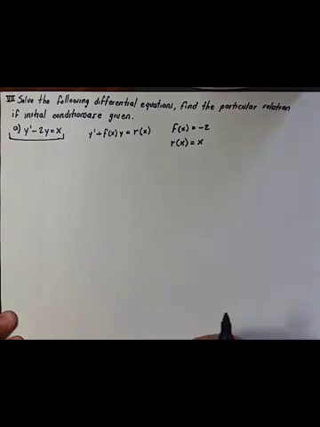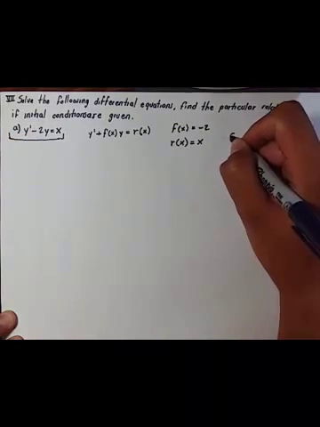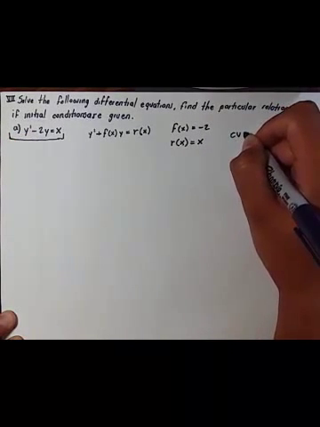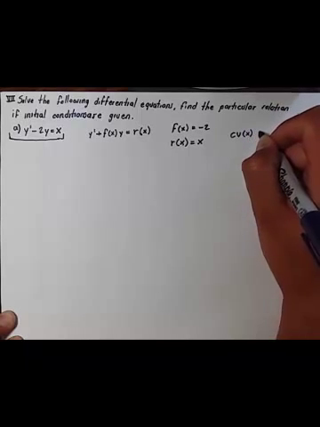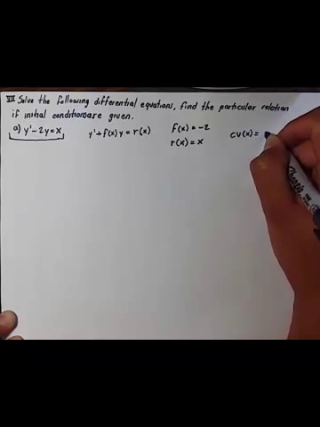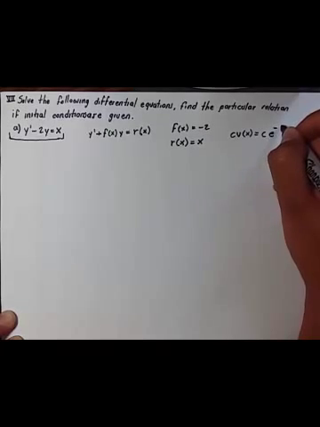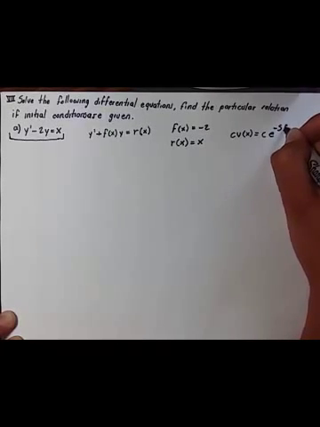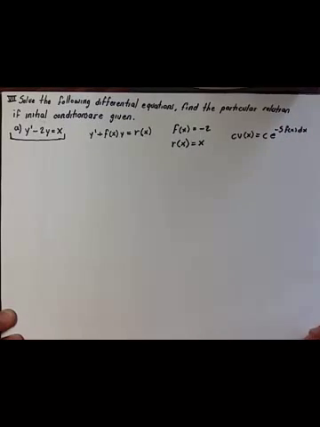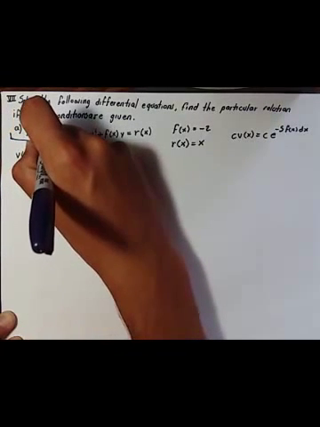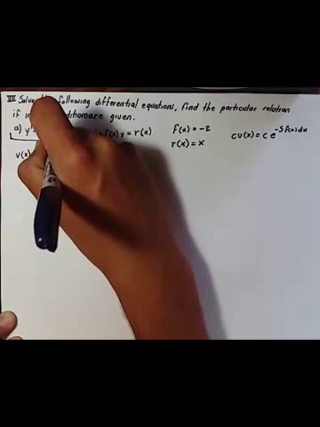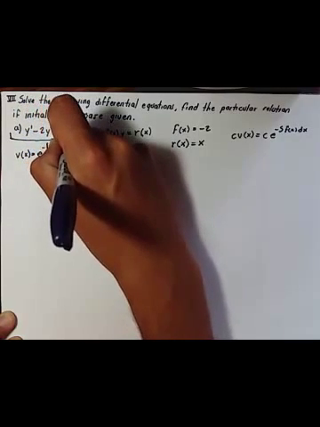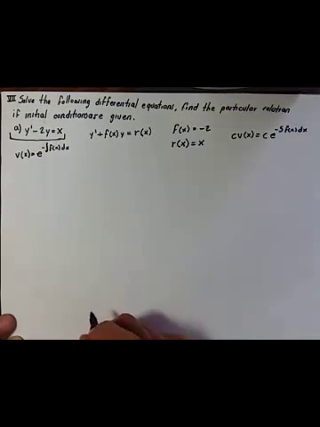So we have that cv of x equals the constant c times e raised to the minus the integration of f of x times dx. We already have the function f of x, so we can get the v. So v of x equals e raised to the minus integration of f of x dx.